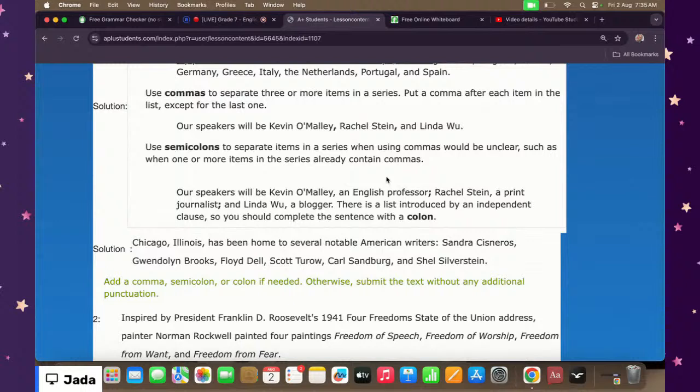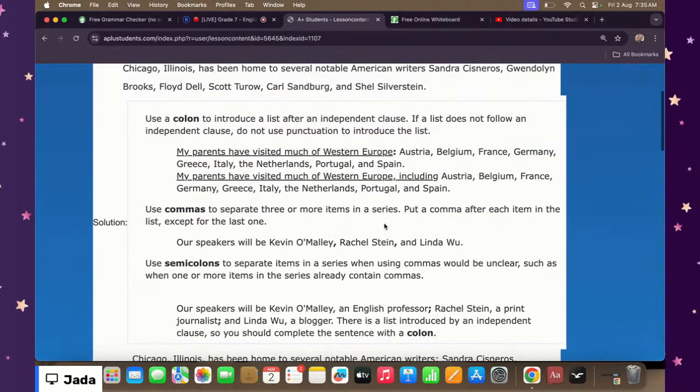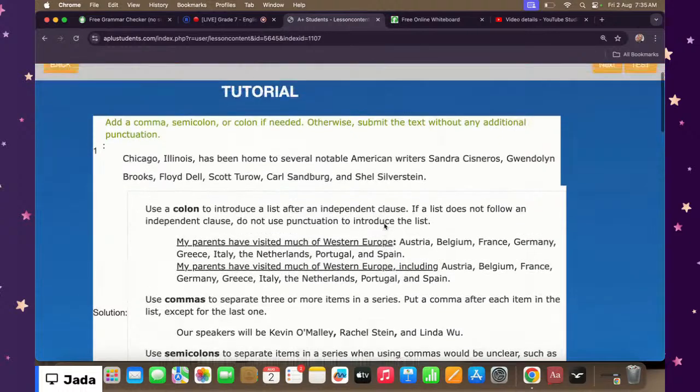There's a list introduced by an independent clause, so you should complete the sentence with a colon. So this is the pattern. So let's look at some questions.